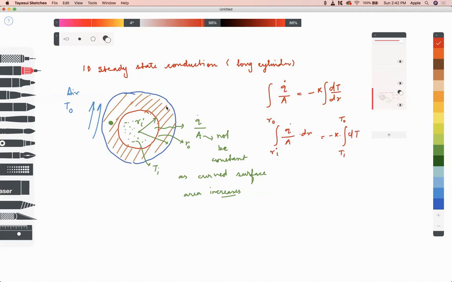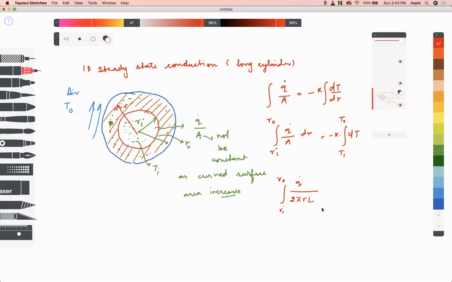Now if you take any random location in the ring at a radius r, so the curved surface area will be 2 pi rl.